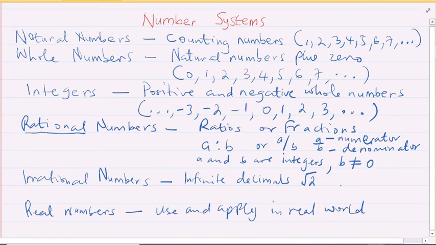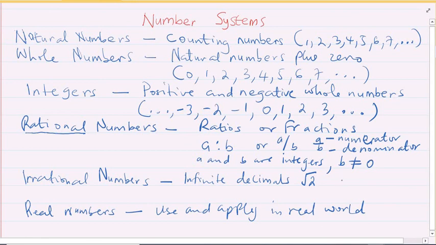All right, so that is it for today. We talked about natural numbers, the counting numbers; whole numbers, natural numbers plus 0; integers, positive and negative whole numbers; rational numbers, the ones you can express as a fraction or ratio; and irrational numbers, the ones you cannot express as a fraction or ratio, which have infinite decimals.